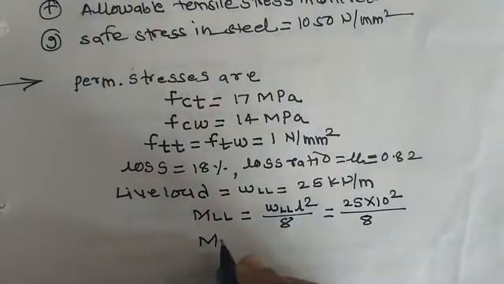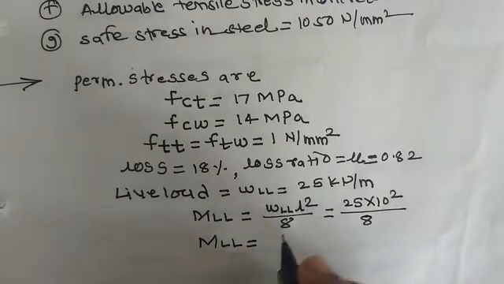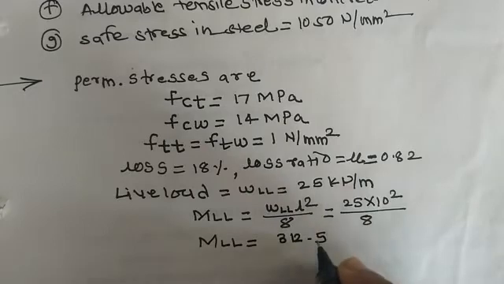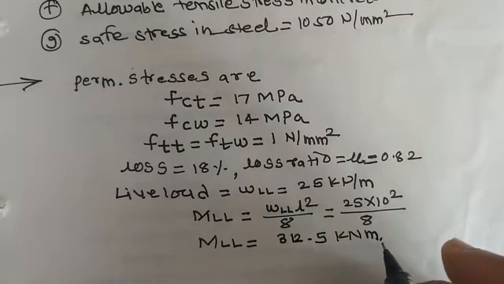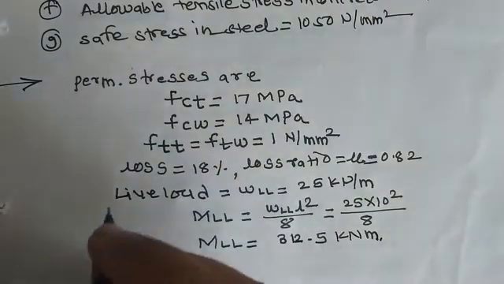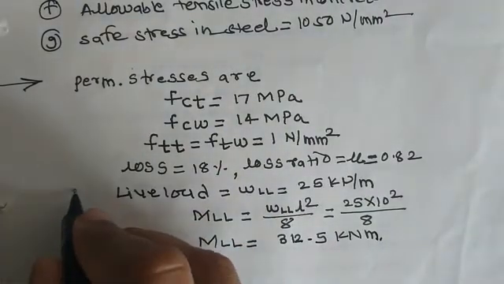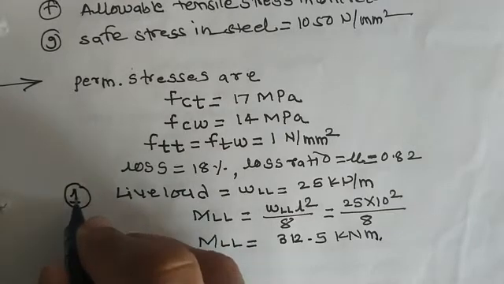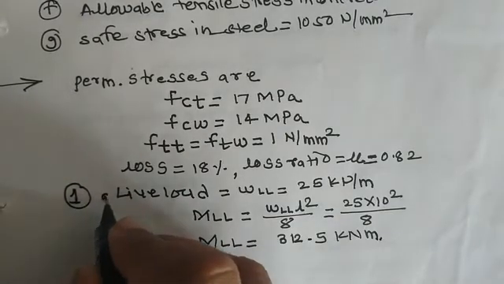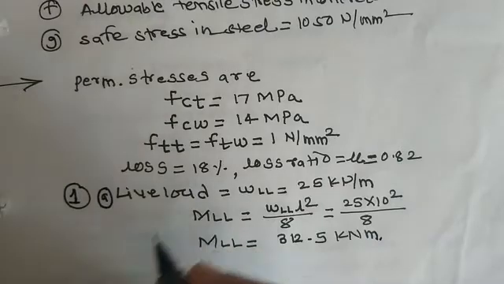So we get the bending moment due to live load is 312.5 kilonewton meter. These calculations you have to put in step number 1. This is the bending moment due to live load.